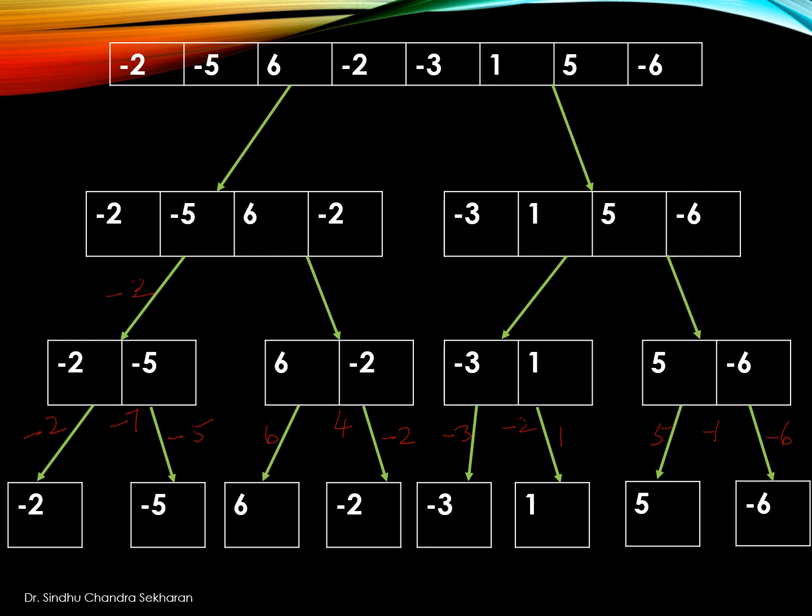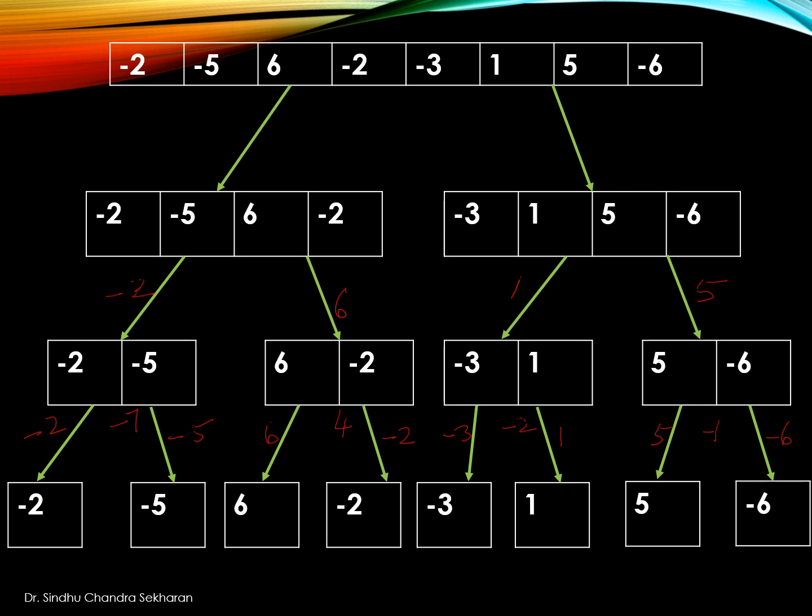So here it is 6. Here we have 3 values. The maximum value is 1. Here it is 5. Now let us look for the CSS, the crossing subarray sum. Here I need to consider the midpoint and then mid plus 1.